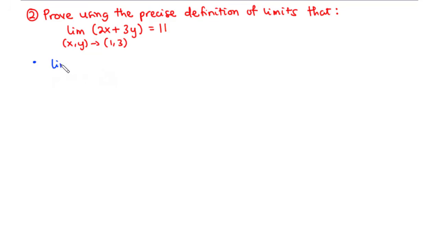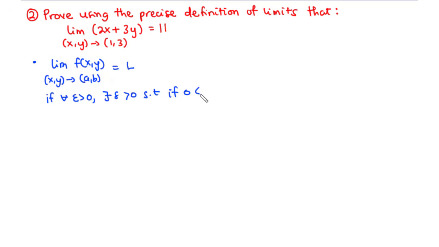So we say that the limit of a function f of xy as x, y approaches a, b is equal to L if for all epsilon greater than 0, there is a corresponding delta greater than 0, such that if 0 is less than the distance between xy and a, b, which is expressed as the square root of x minus a all square plus y minus b all square, is less than delta, then the absolute value of f of xy minus L is also less than epsilon.